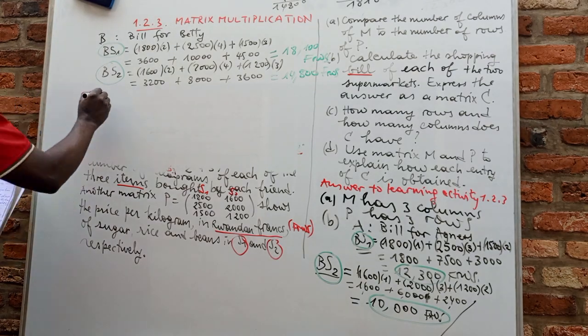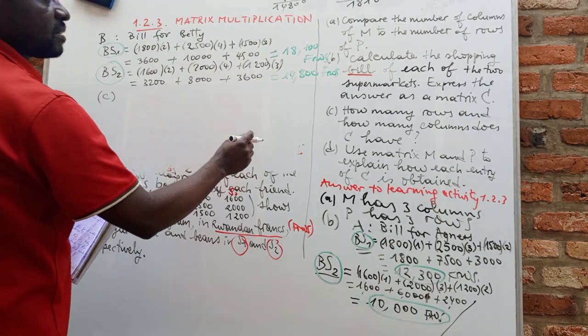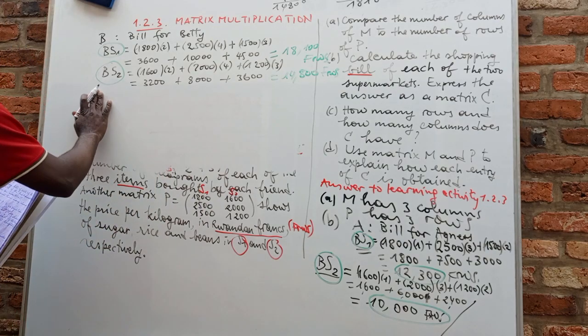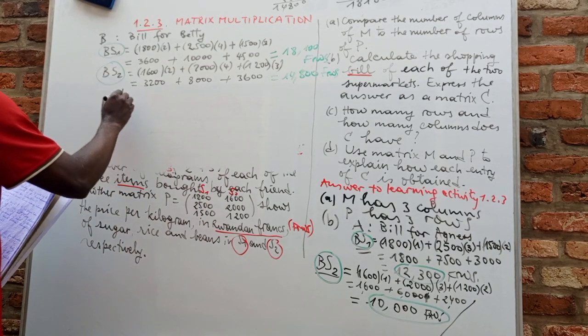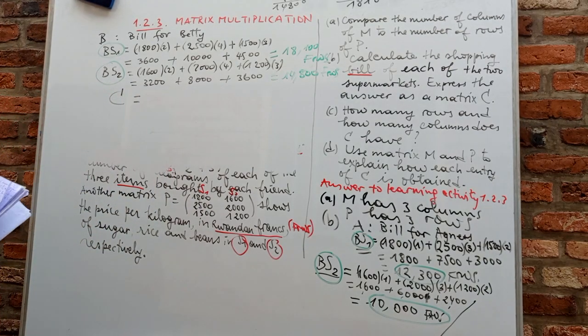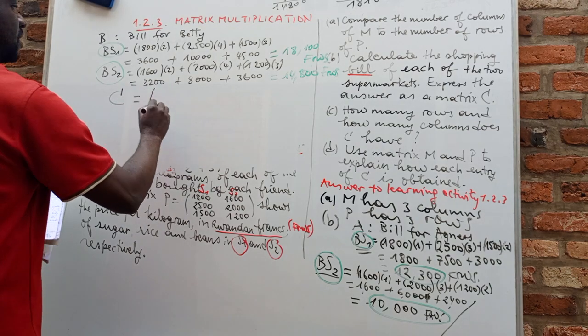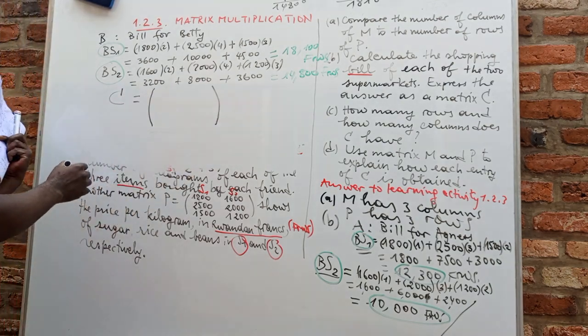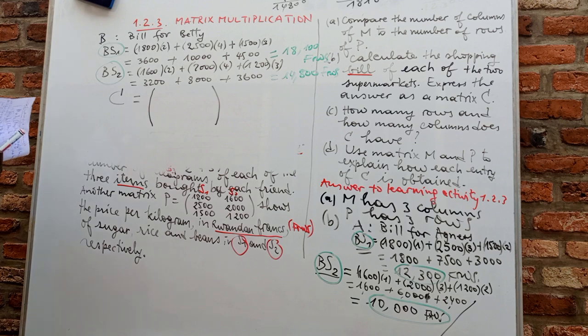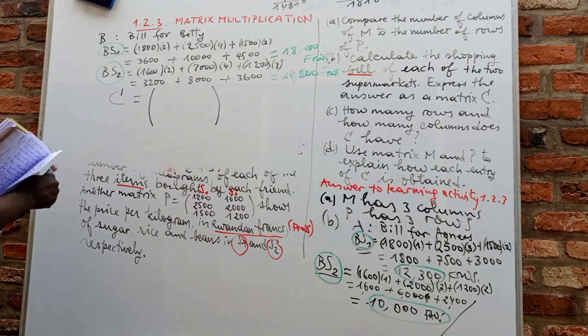Before we move to subquestion C, let us obtain the matrix. It will have the following structure. We will put the bill.